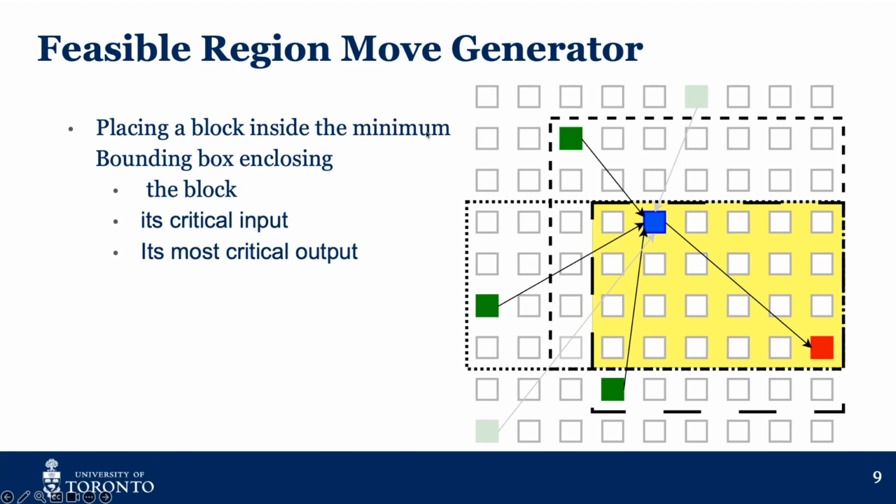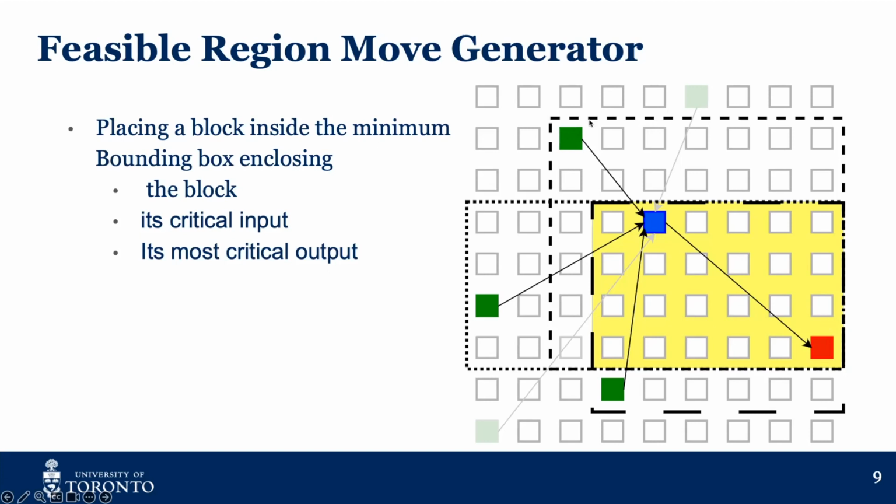We are using the information that placing a block inside the minimum bounding box that includes its critical input, the block itself, and its most critical output should minimize the delay of this input-block-output connection.